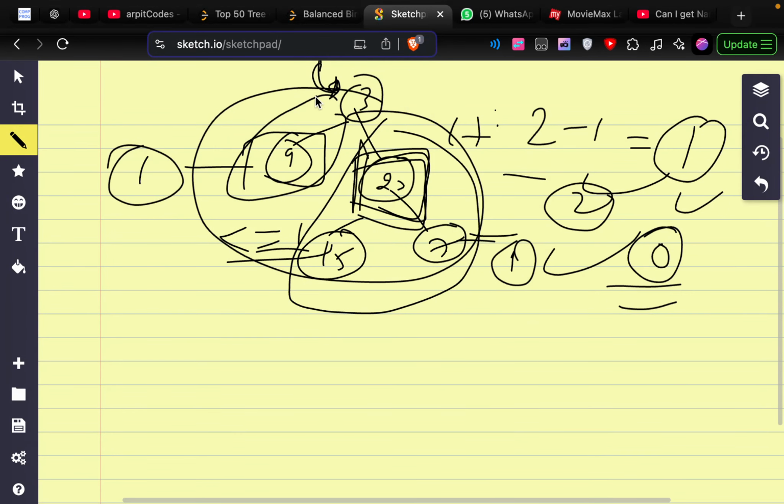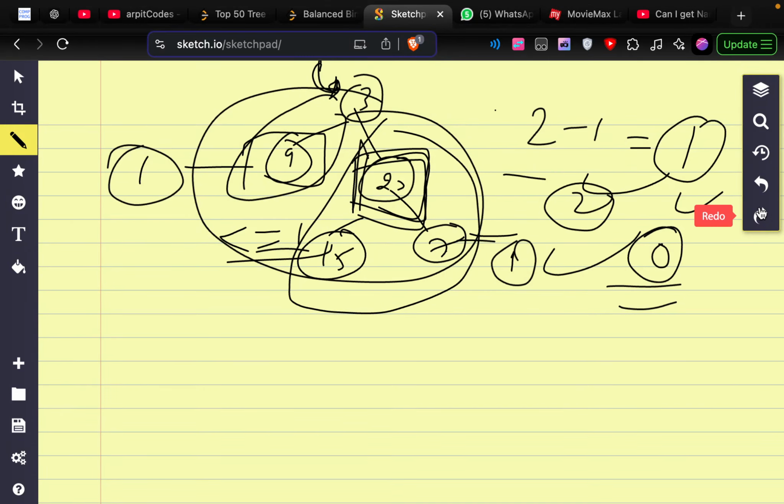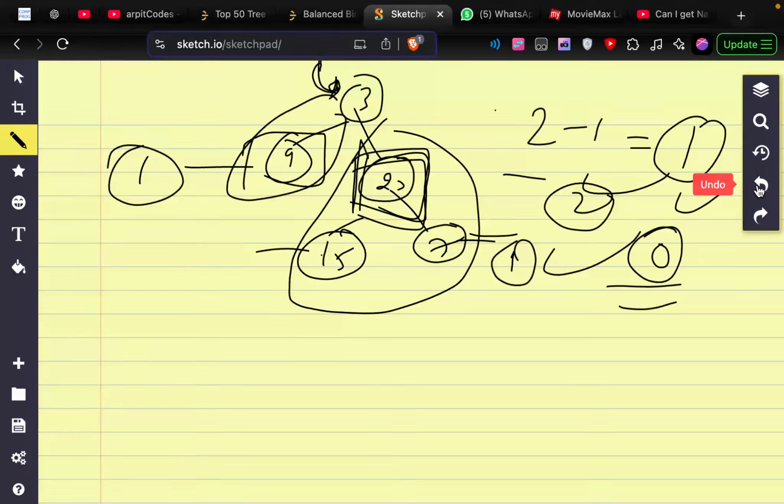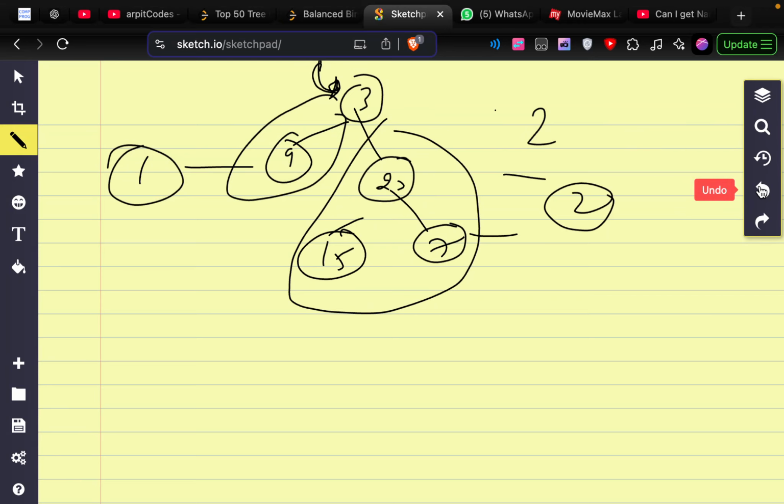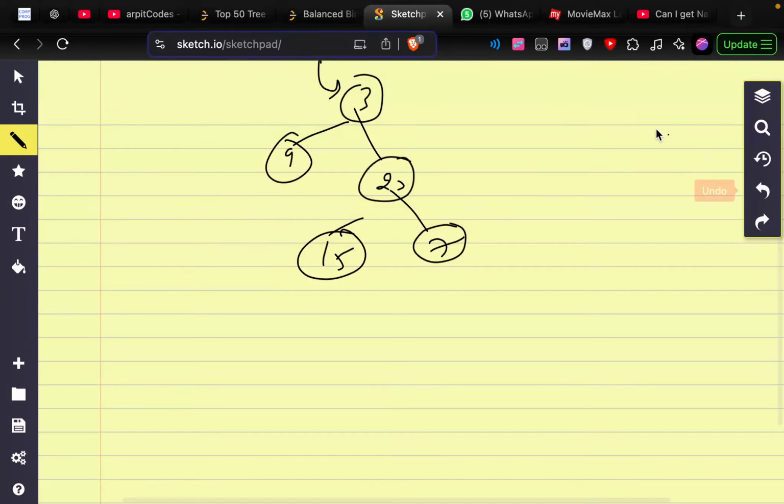Now the question comes, how do we solve this? A very intuitive way of solving this would be to just check this condition, absolute of left height minus right height less than or equal to 1, at every node.